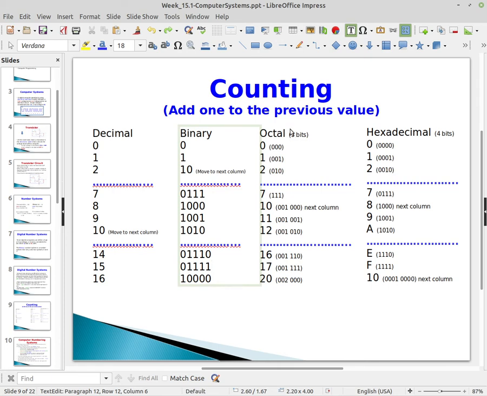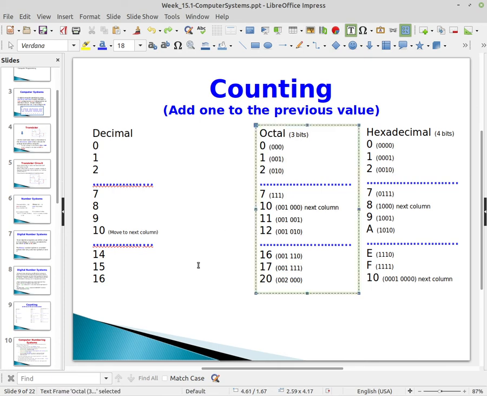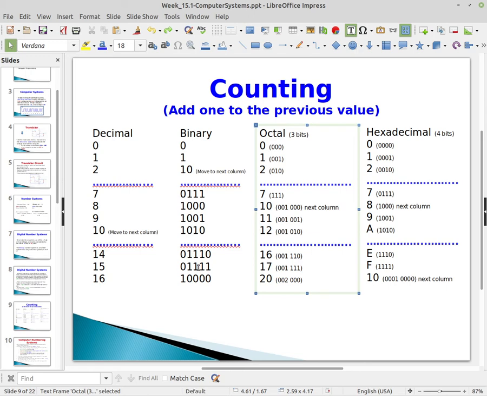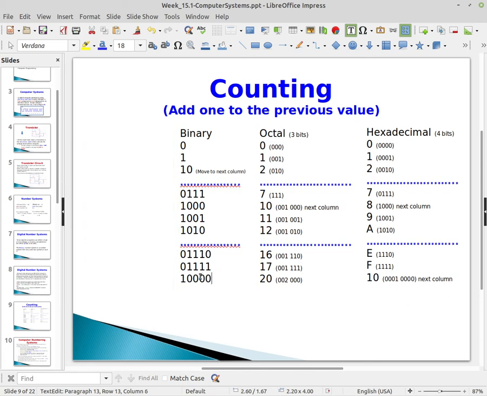All right, so you can see these strings of 1's and 0's just keep getting longer and longer. So we already have five 1's and 0's strung together just to display a value of 16. To display 16 decimal in binary, it's going to be 1 followed by 4 zeros.